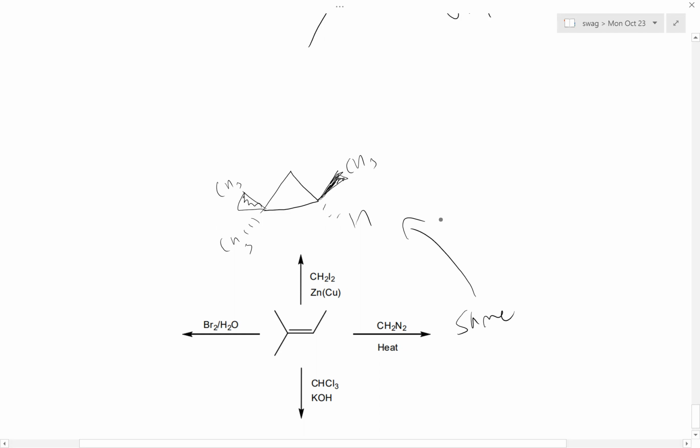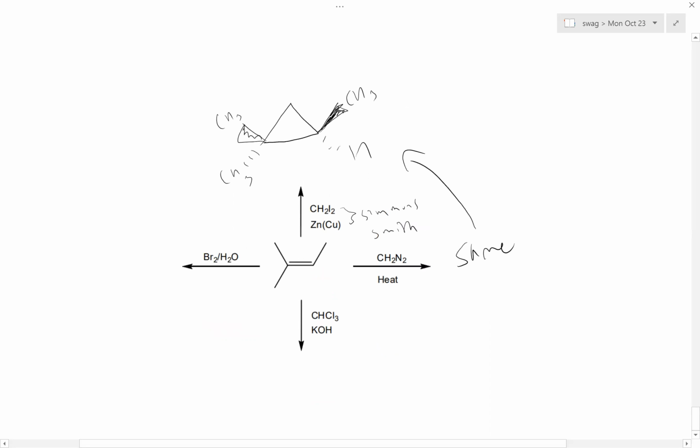So that's a nice thing. If you see either of those reagents, you can categorize them to do the same thing. You get a cyclopropane, same stereochemistry, same everything. Important thing to know, this is called Simmons-Smith. It's an important reagent. Two scientists made it.